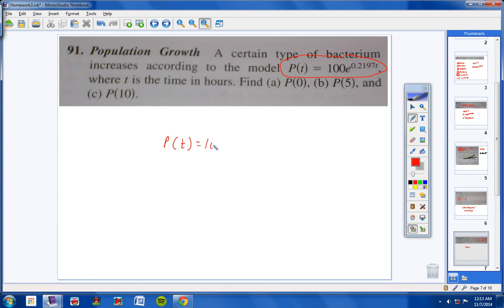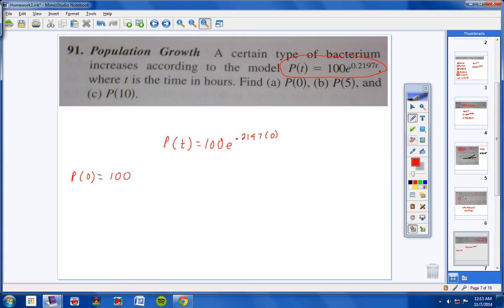So 100 e to the 0.2197 times 0. Okay? Well, students, if you type that whole thing into your calculator, you will come up with P of 0 equals 100.